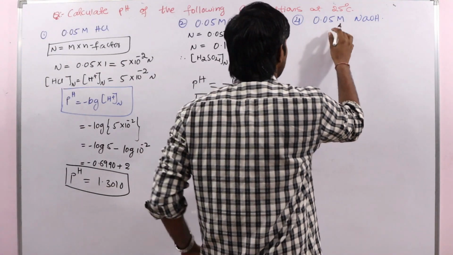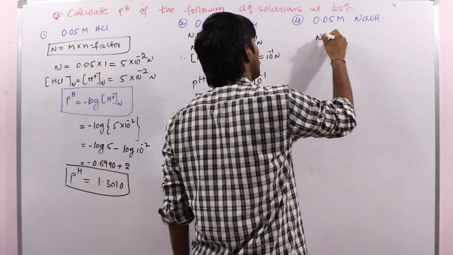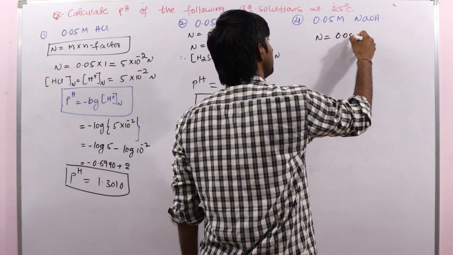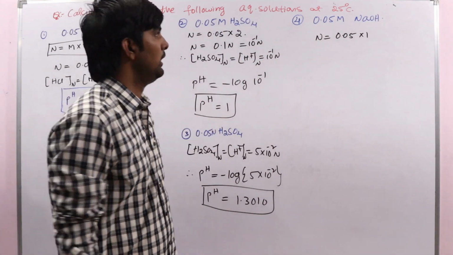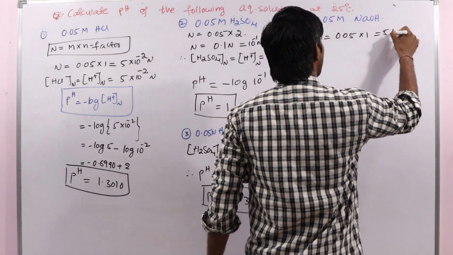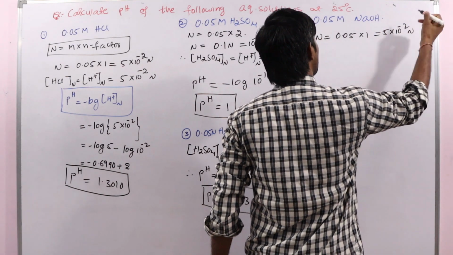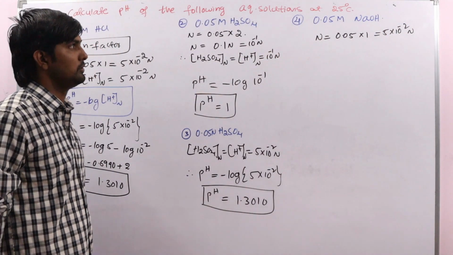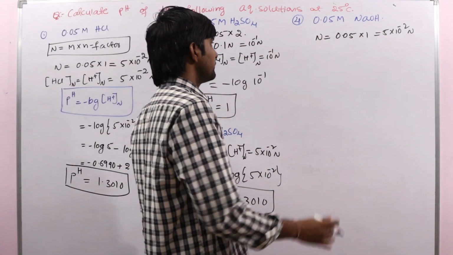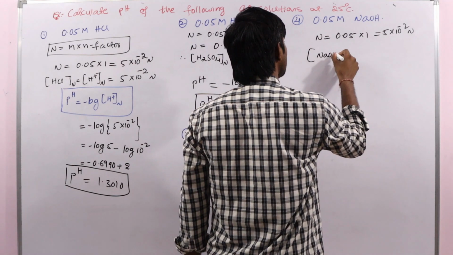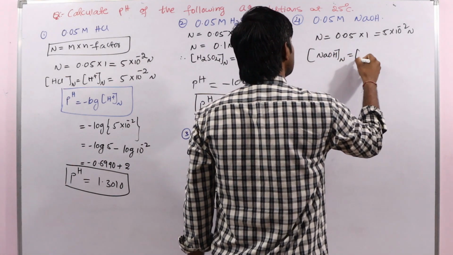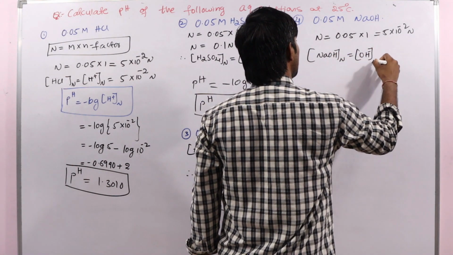Okay, so here also concentration is given in molarity. In normality it is 0.05 into 1, because n factor for NaOH is 1. So that is equal to 5 into 10 power minus 2 normal. Okay, 5 into 10 power minus 2 normal. See here, now concentration of NaOH is equal to concentration of OH minus ions.